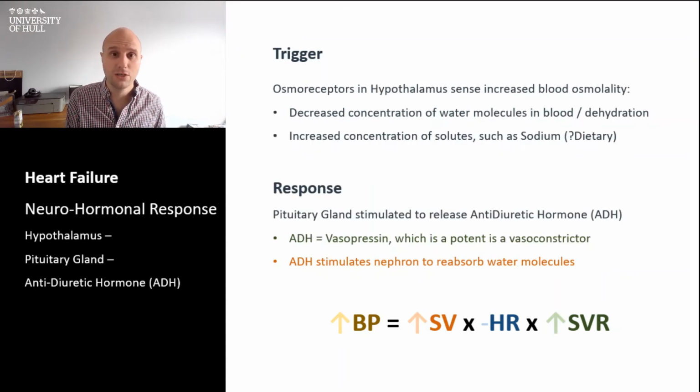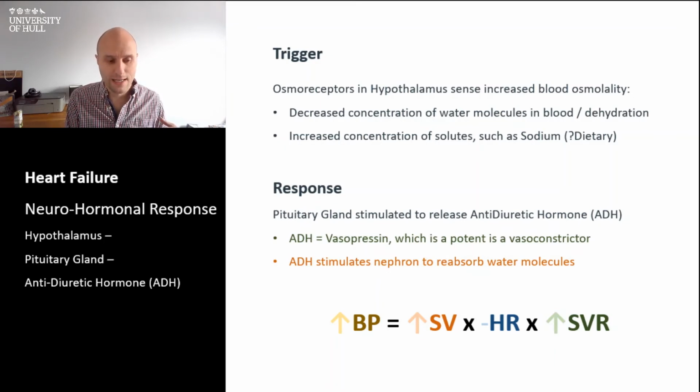Now, what we haven't mentioned up until this point is the hypothalamus pituitary gland antidiuretic hormone system, and there are osmoreceptors within the hypothalamus that sense the concentration of the blood.